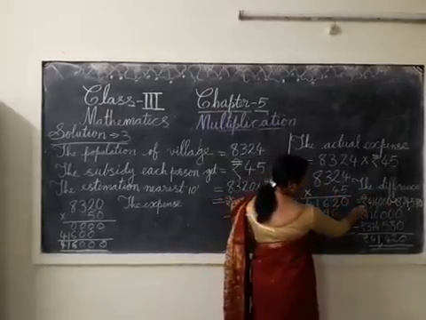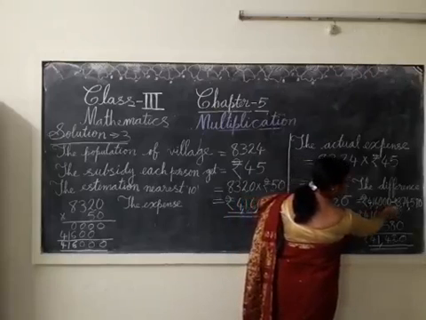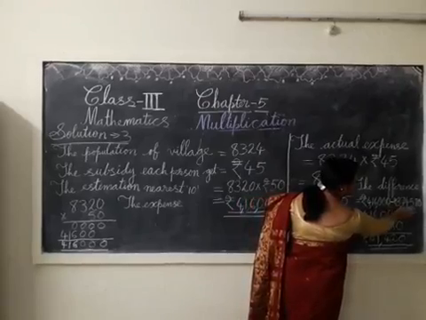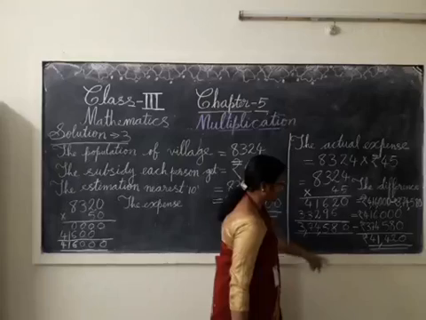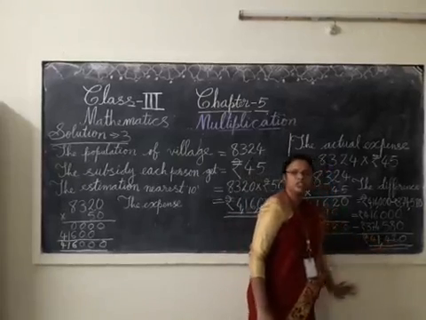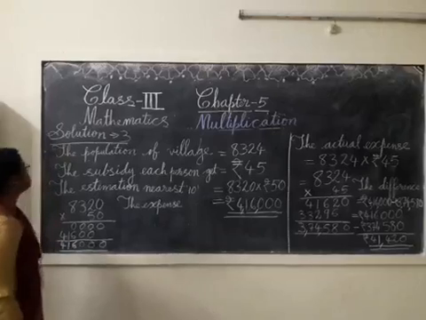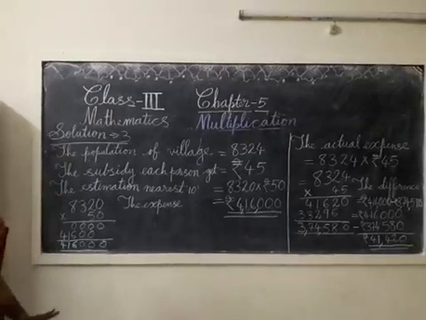So rupees 4,16,000 minus rupees 3,74,580, we are getting 41,420. This is the solution I have made for you. You can check this once again.